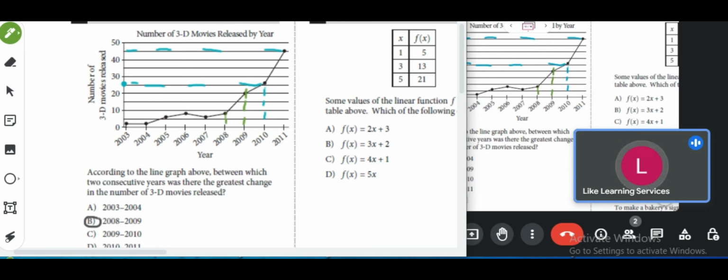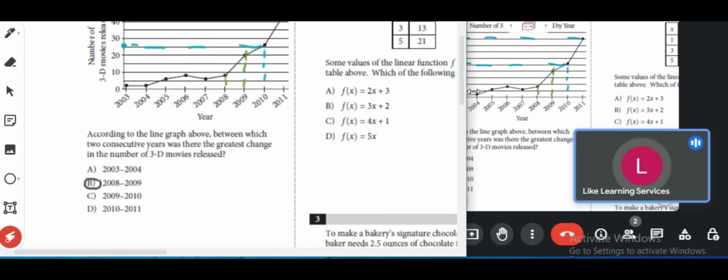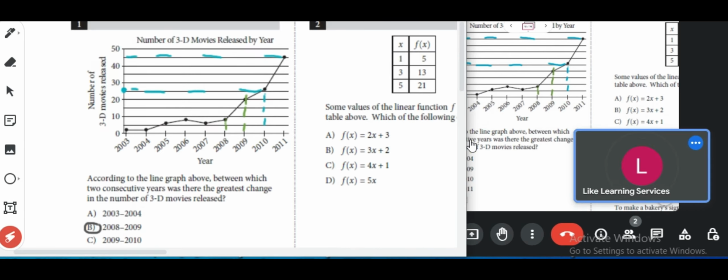Okay, you can see that 2010 to 2011 is more. 2010, you're right. 2011 is 45, so the change is 20, and 2008 to 2009 is just 11.